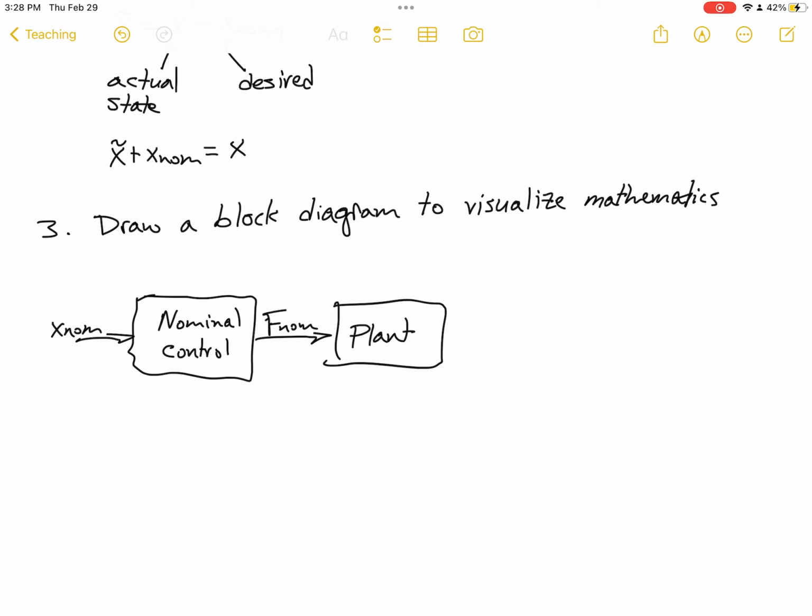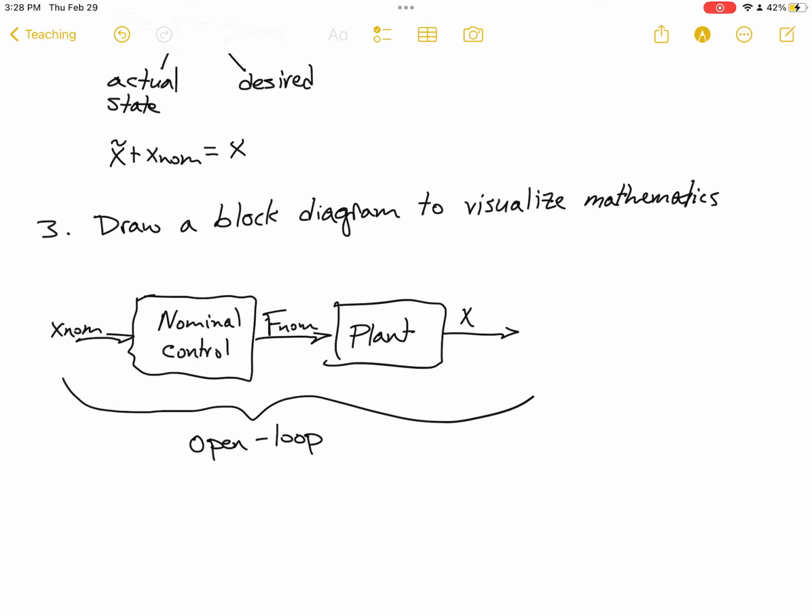So that's the word that we use. And so if you give your pendulum a force, for example, you're going to get out some x actual, and that's based on the force that you're applying to it. So this is a block diagram for what's called open loop control.